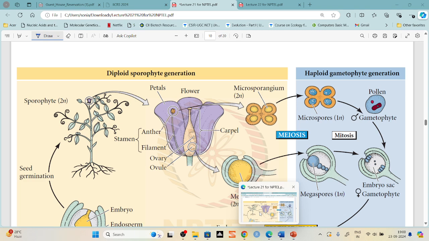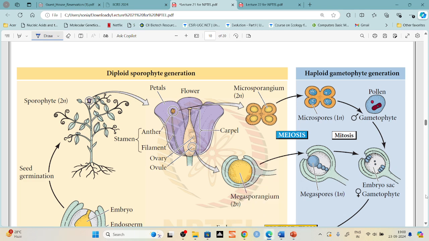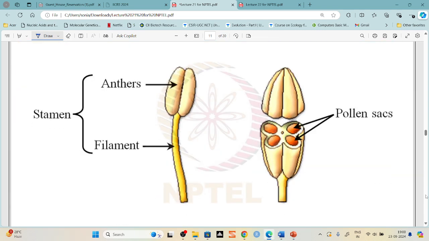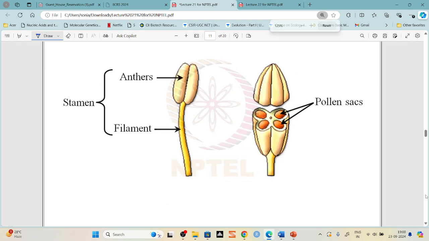Now let us quickly see. So you can see here. I don't know how many of you are from the plant background. Students from the plant background find it easier because they know what an anther is, what a filament is, what a stamen is, what the female reproductive system is, everything.